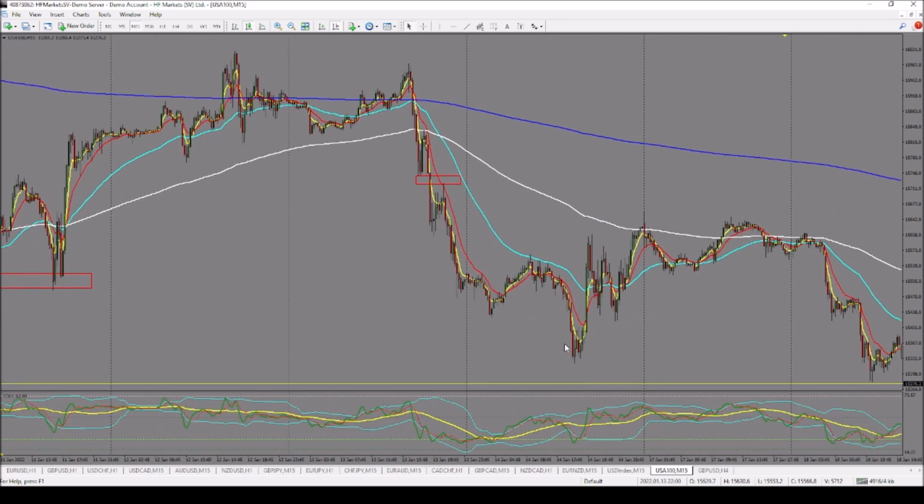So at this point, we had breaking of this zone, right? Making of the new lower high. And so we had higher high, lower high, and then breaking of this region and retest up to this point. It was somehow a tricky trade, since you could actually get closed at break even, since the move was not big enough.